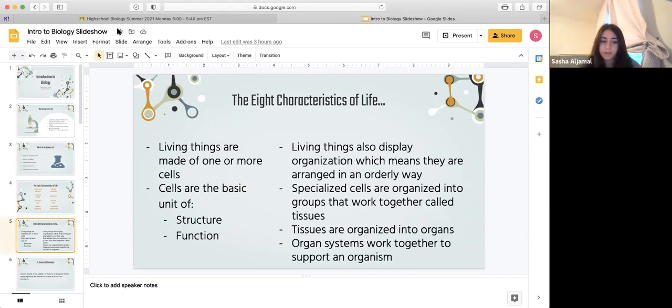And the second one, displays organization. Living things display organization, which means they are arranged in an orderly way. For example, specialized cells are organized into groups that work together called tissues, and then tissues are organized into organs, and then the organ systems work together to support an organism.